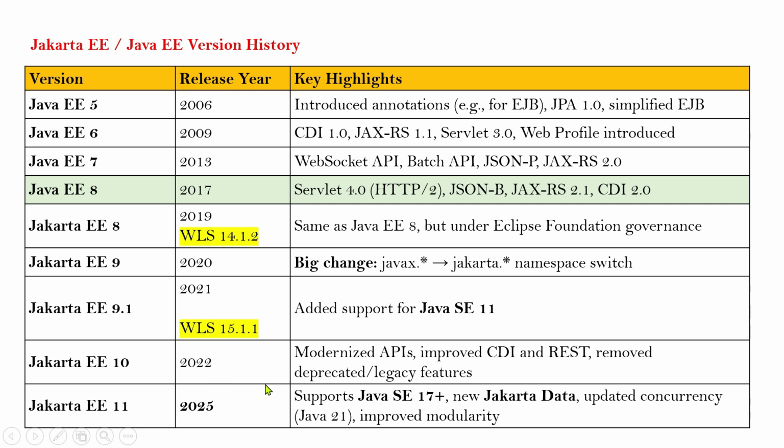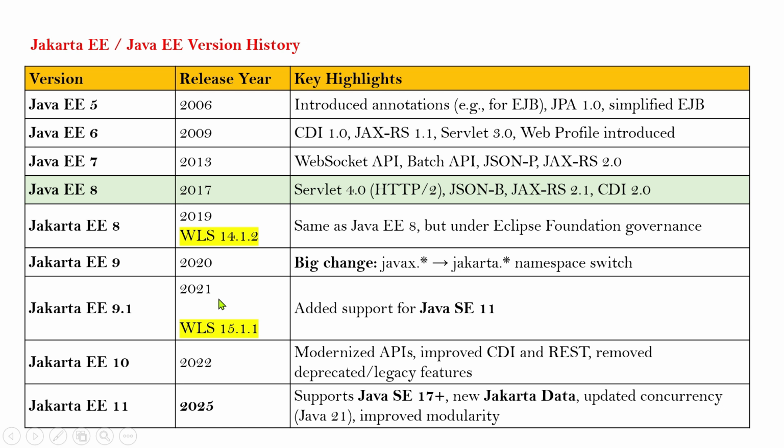So that means a lot of enhancement has been done, specifically in terms of the enterprise editions for developing your enterprise applications, right? So if you would like to use any of the enhancements in Jakarta Enterprise Edition 10 or Jakarta Enterprise Edition 11, you are still not able to use those features in the current version of WebLogic, because it supports Jakarta Enterprise Edition 9.1, which was released in 2021.